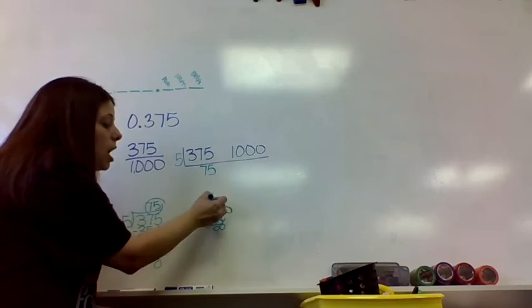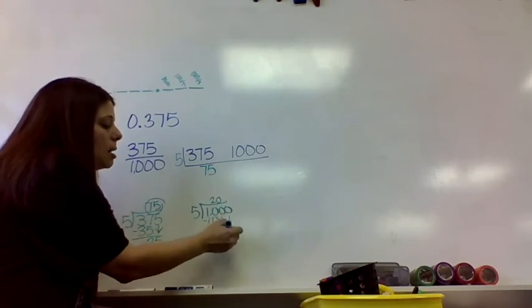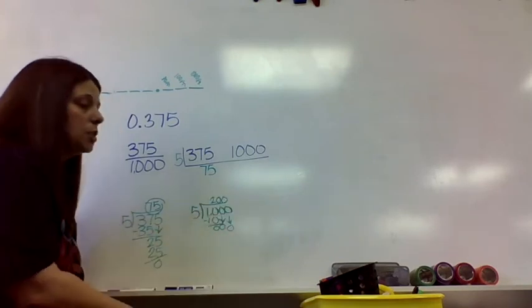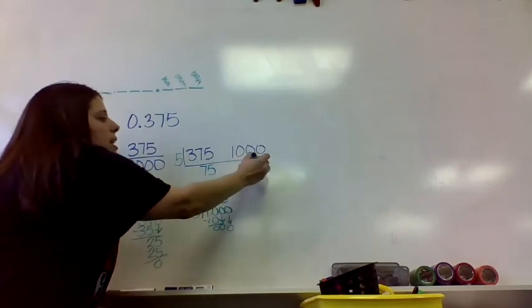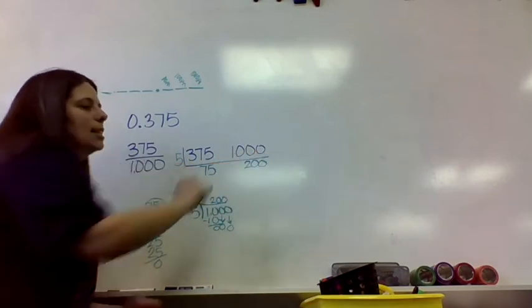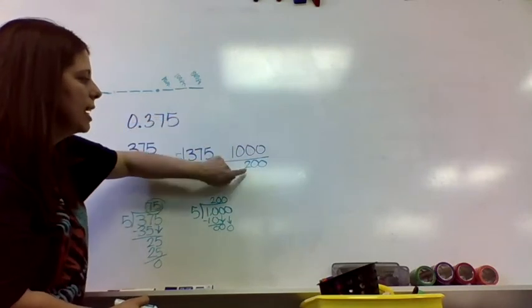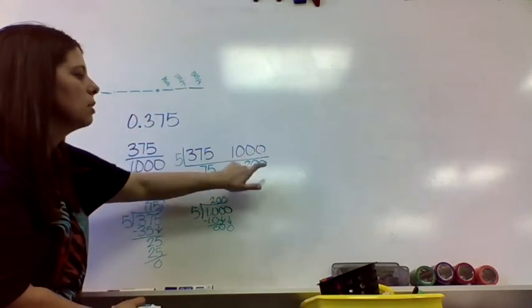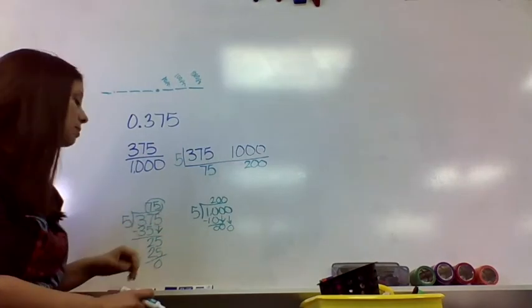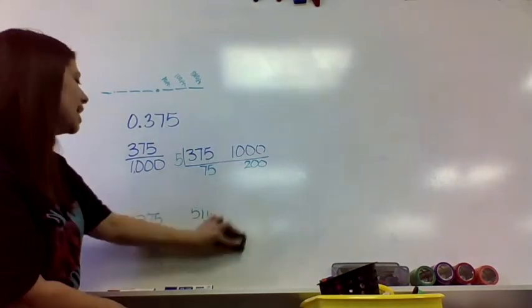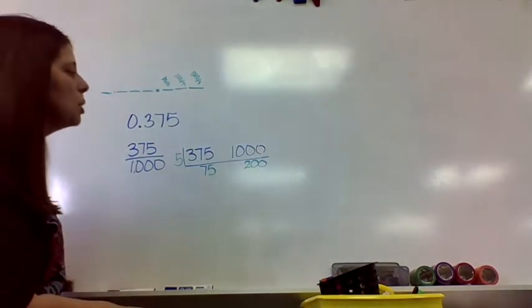When it will not go in, I just add my zeros here and I get 200. But another way I can think of this is to isolate these zeros and ask myself how many times 5 will go into 10. 2 times, and there are 2 zeros left over, so I can just add those 2 zeros to the end. So now I'm looking at 75 and 200.